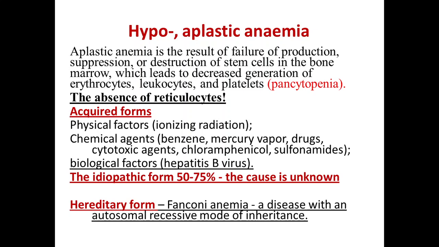But in most cases, acquired hypoaplastic anemia is idiopathic. That means that the cause of this anemia is unknown. Inherited form of hypoaplastic anemia is called Fanconi anemia. This is a disease with an autosomal recessive mode of inheritance.